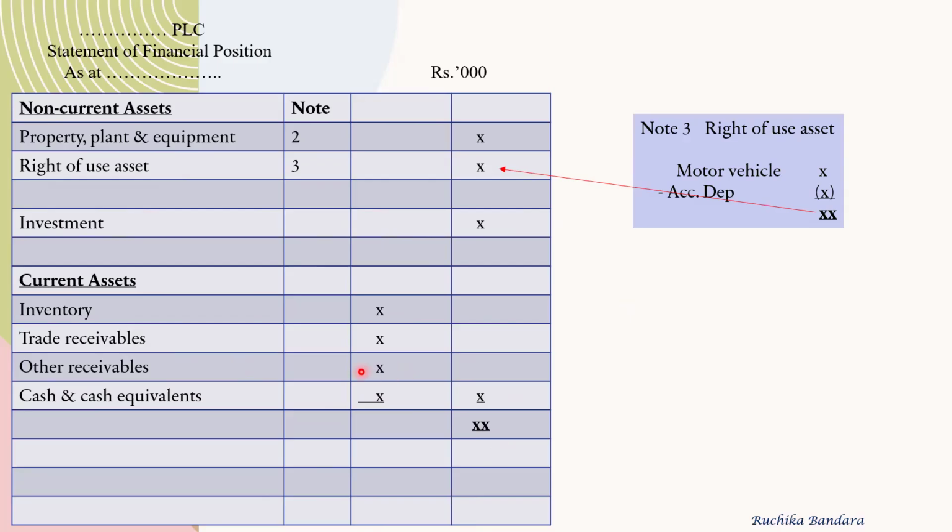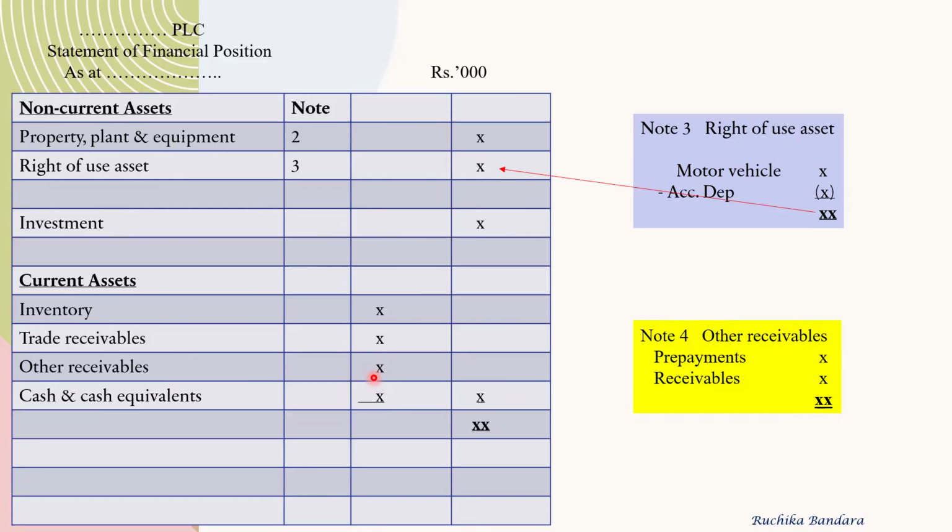If there are so many entries which you have to put under other receivable, you had better open up a note. That note number is 4. So you can't learn these by heart, these are the proper notes. Sometimes there can be only one prepayment. If there's only one prepayment, you just write here other receivable, but there's no note.